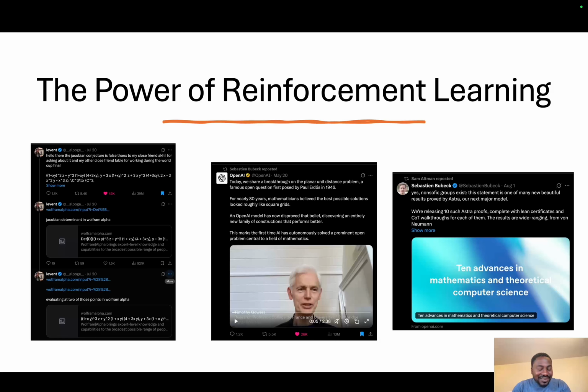We had the Kubian conjecture that was disproved by Fable 5, Matropic, and then we had the unit distance problem, as well as the non-sophic groups, and this is really incredible. At the core of this is the power of reinforcement learning, which has powered previous breakthroughs like AlphaGo and AlphaFold.